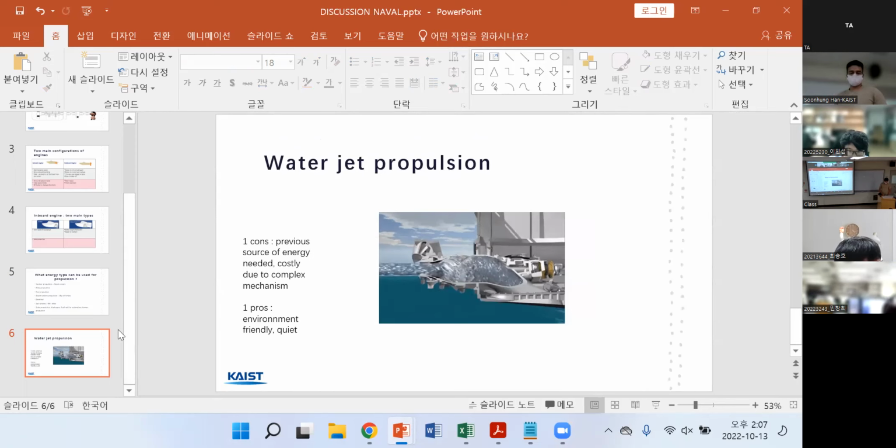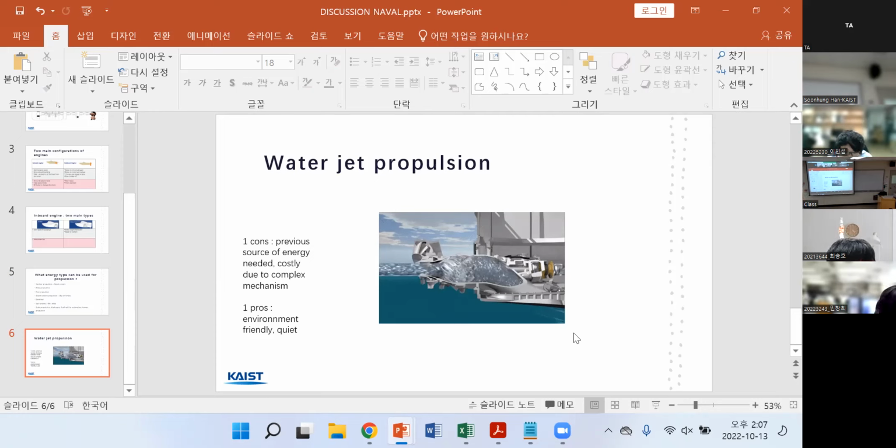Isn't water jet propulsion the engine of a jet ski? I don't know. I don't think so. Maybe there are some jet skis using this. Jet skis usually use jet propulsion. Ski means sliding over the water.